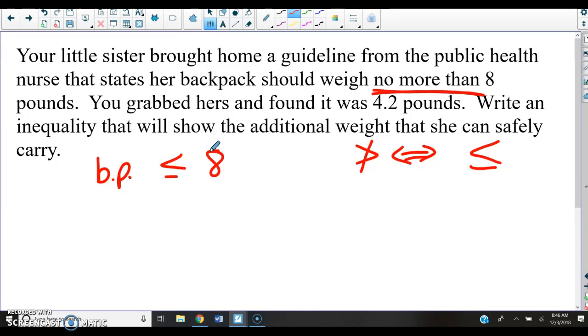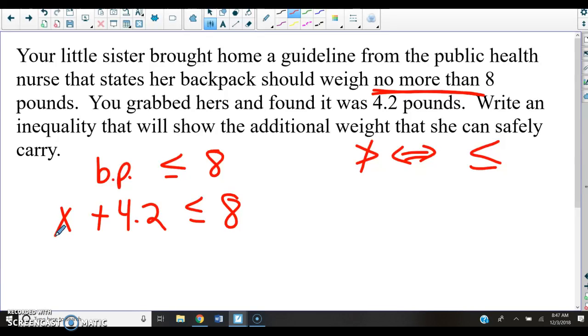Now you being the great big sibling that you are, you grabbed hers, and you found that her backpack already weighs 4.2 pounds. So how much more can you add so that it's still okay, that she can still safely carry? It won't make her back sore, it won't drop her backwards when she's walking unbalanced or something.